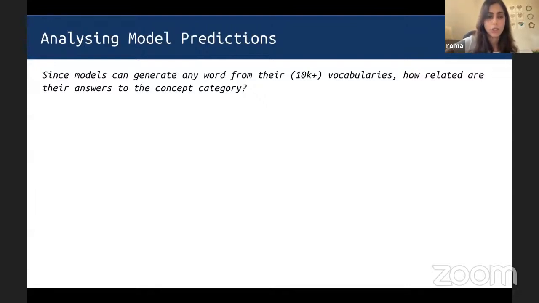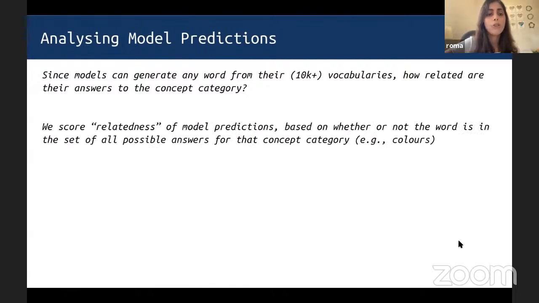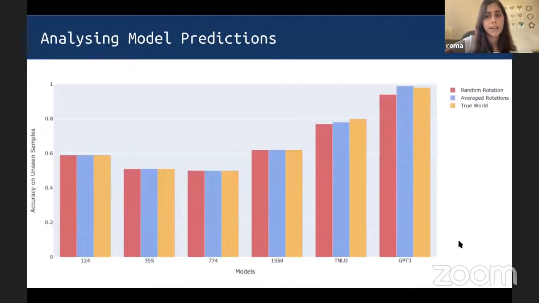So we score relatedness of model predictions based on whether or not the first word that is predicted is in the set of all possible answers. For example, was it in the set of spatial directions like left or right, or was it in the set of 300 colors that exist in the data set? If it exists outside of that set, the model gets 0 accuracy. And if it does, then its relatedness score is perfect.